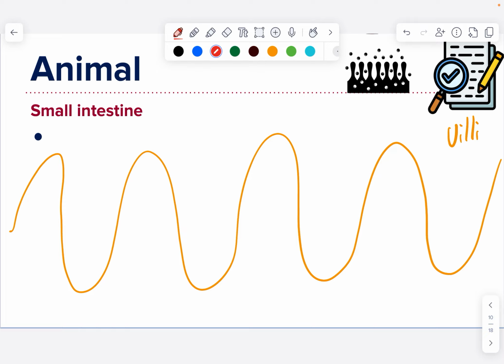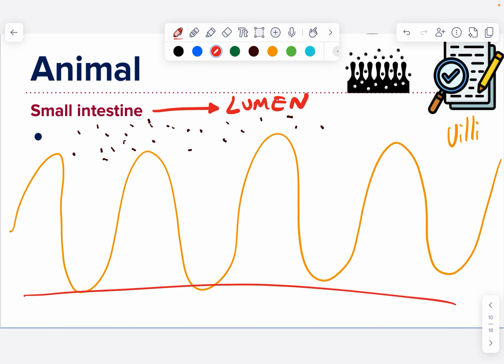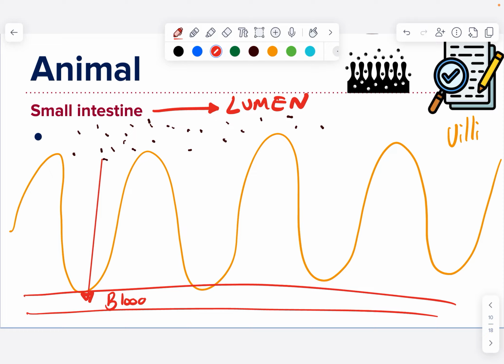And if you imagine that the food is travelling inside the lumen of your small intestine, you've got all of the monomers which have been broken down by the enzymes. They are floating around here, and you want them to be transported from the lumen into the bloodstream.